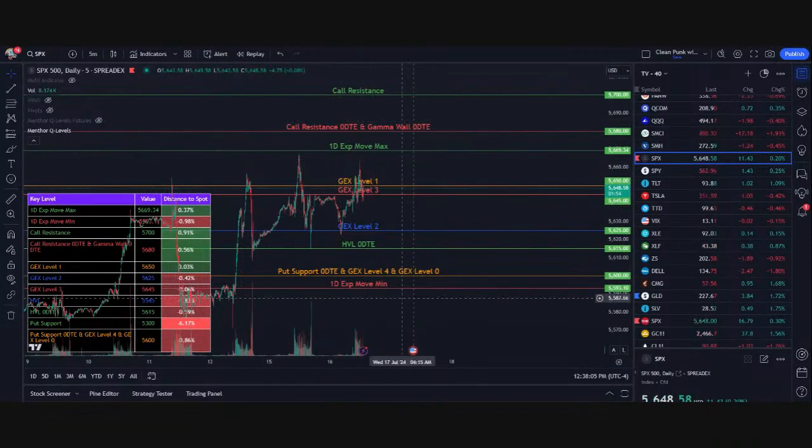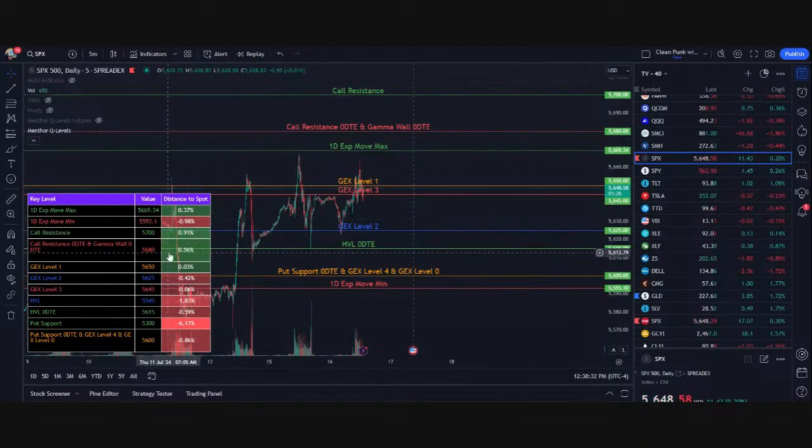But just looking at this model here, the calculated expected minimum move was 55.93. 5,600 is the large round number, which we all know. Up on top, 56.50, is where we're kind of getting pinned, where we're kind of getting stuck. And then here's the maximum where it's expected to go, and these levels are over here.